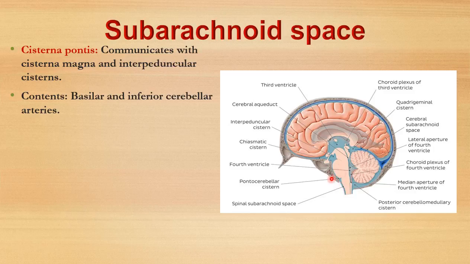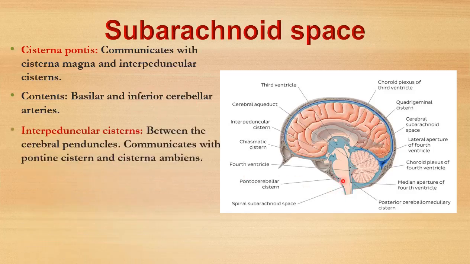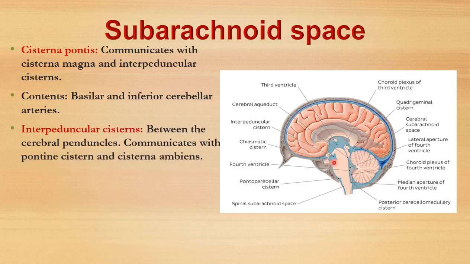The basilar artery is the terminal division of the vertebral artery, formed by the union of the two vertebral arteries. And these are branches from the vertebral arteries. Then, as I told you, the interpeduncular cistern, which is situated between the two cerebral peduncles, communicates with the pontine cistern, and one more cistern is the cisterna ambiens, which you will see here.